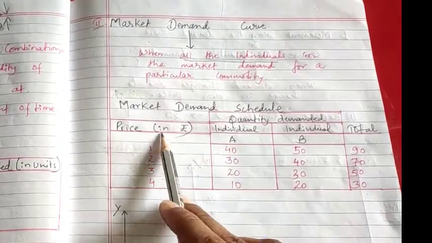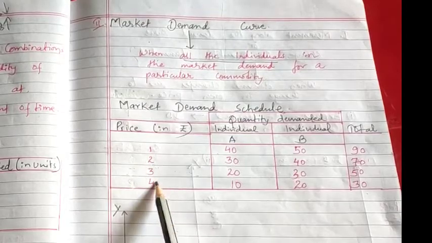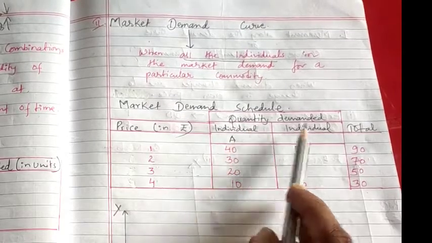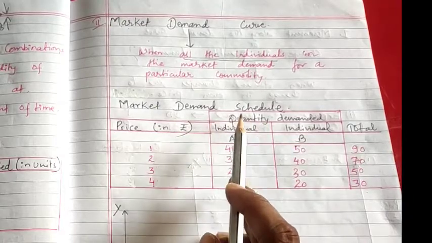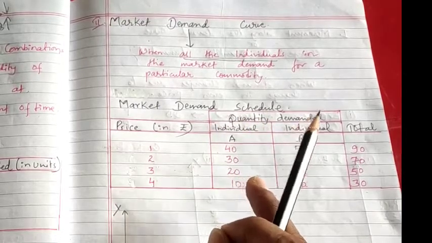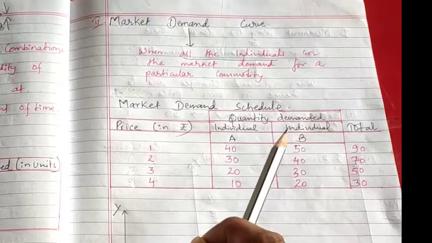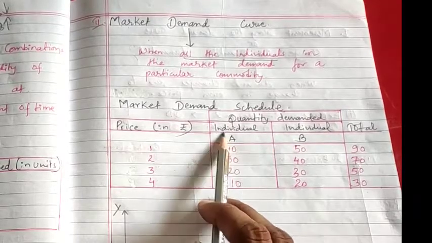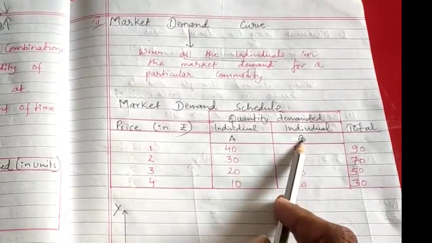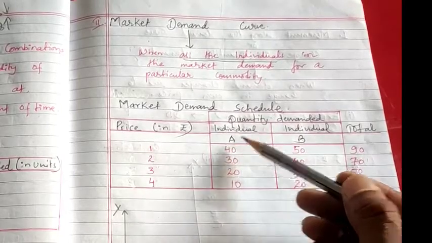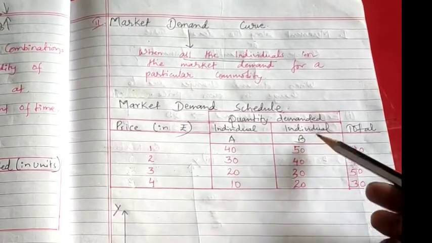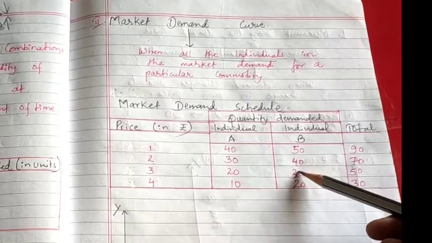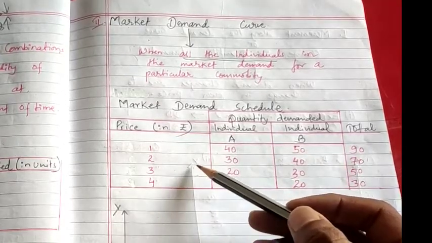Here you can see in the price column I have taken 1, 2, 3 and 4, and for quantity demanded I have taken 2 individuals, because it is said that when all the individuals demand a particular commodity, only then do we call it market demand. So for understanding, I have taken 2 individuals, individual A and individual B. Individual A's quantity demanded is 40, 30, 20, 10, and individual B's is 50, 40, 30, 20. Here also the law of demand is applied.